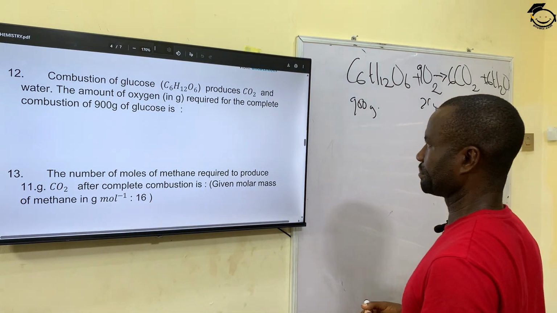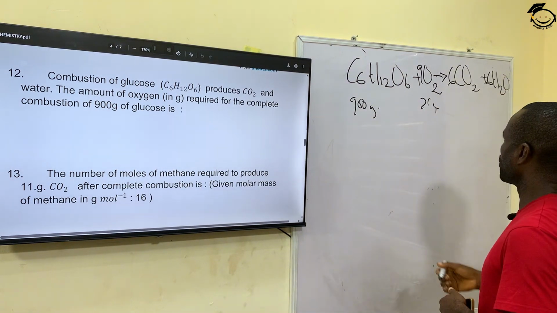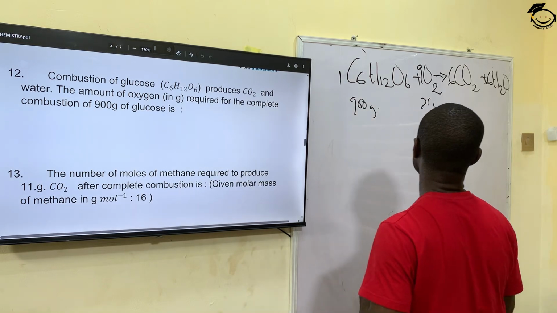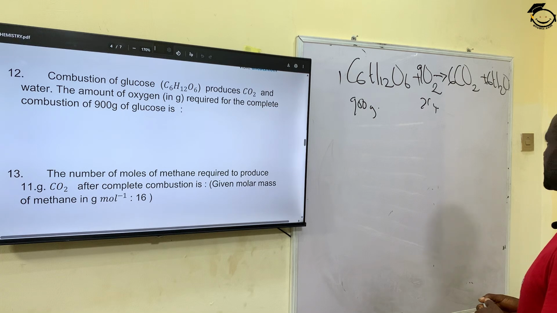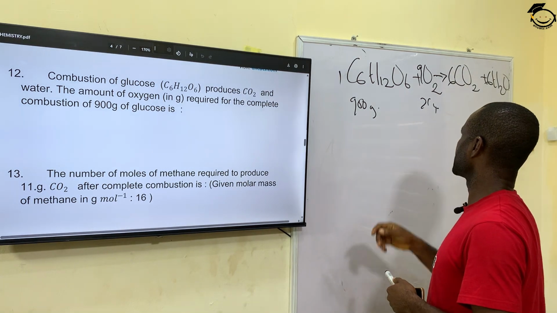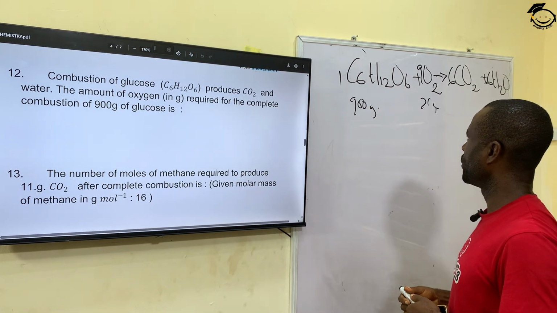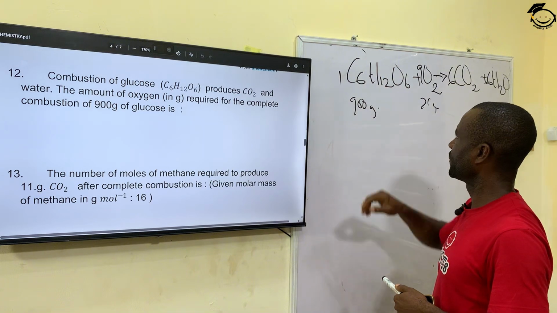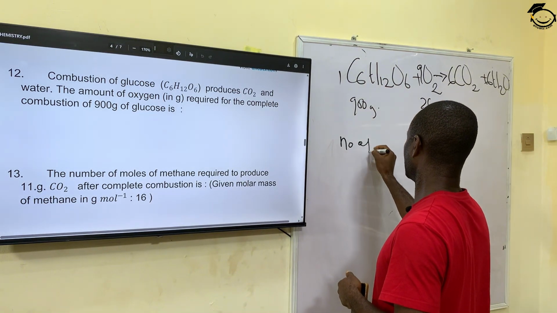In this case, we have to find the number of mole. 1 mole of glucose gives you 9 mole of oxygen. So in this case, what is the number of mole of glucose?